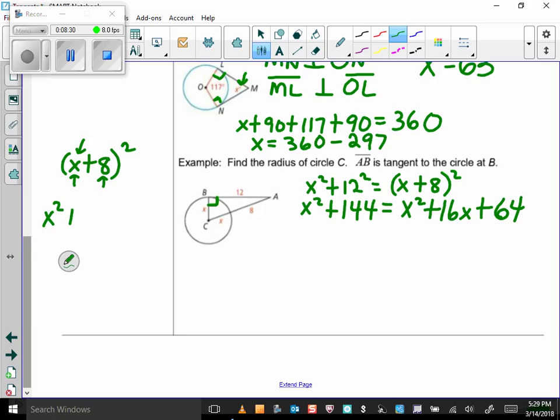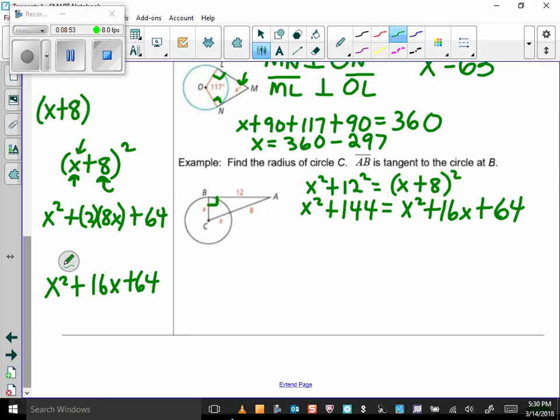So I multiply the 8 and the x together, and then I multiply that times 2, and then I square the last term, which would be 8 squared, which is 64. So that's where the x squared plus 16x plus 64 comes from. And if you want to do it this way till you get the hang of it, x plus 8 times x plus 8, you'll see that it does equal x squared plus 16x plus 64.